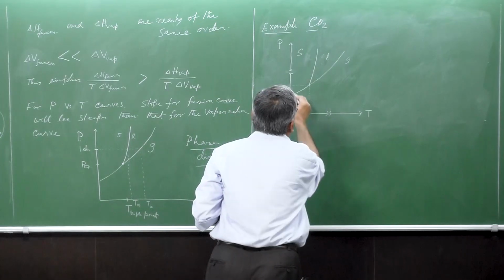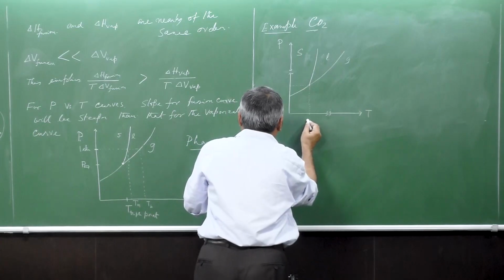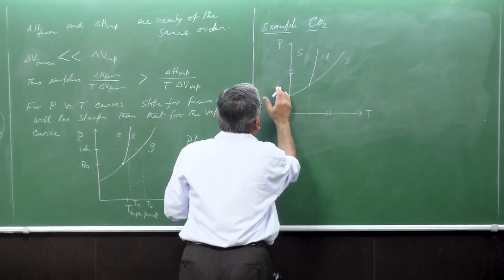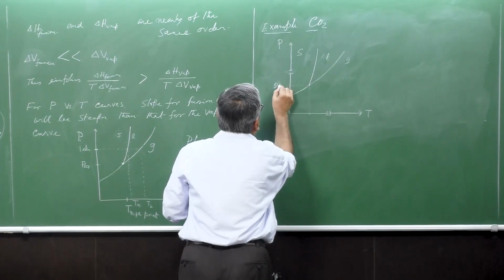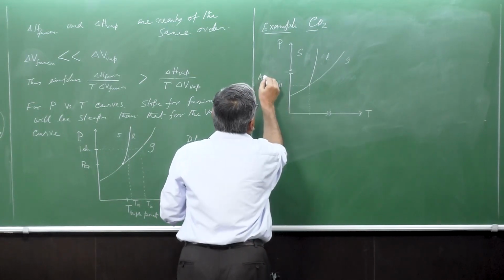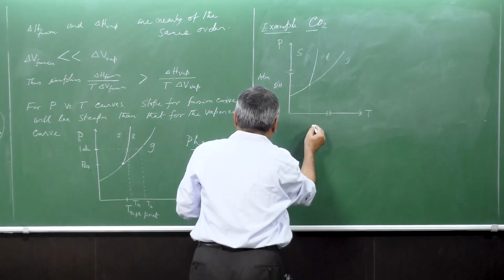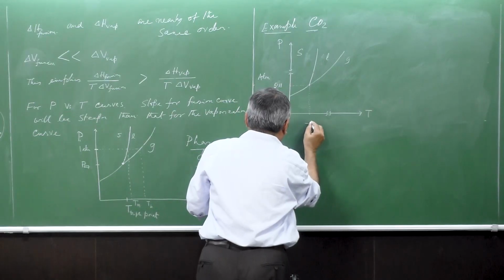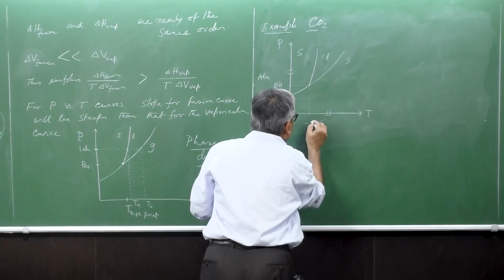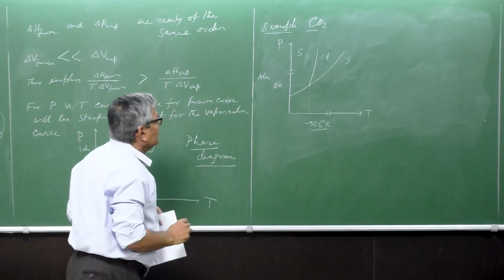This is the triple point. The triple point lies at 5.11 atmosphere, and the temperature is basically minus 56.6 degrees centigrade. So this is the triple point.